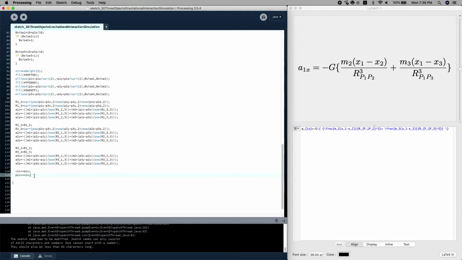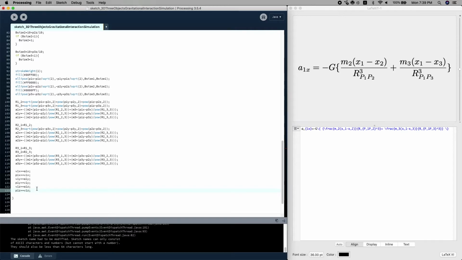And so I'm going to have to multiply all of that two times and get the same thing for v1y and p1y, v1z, a1z, p1z.